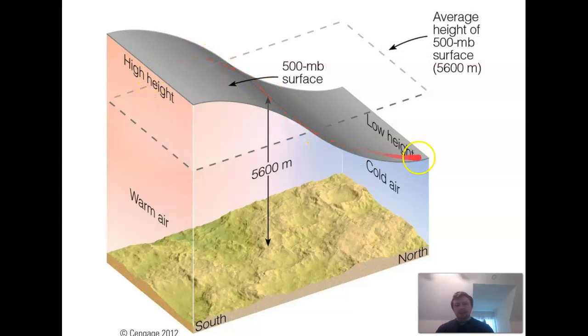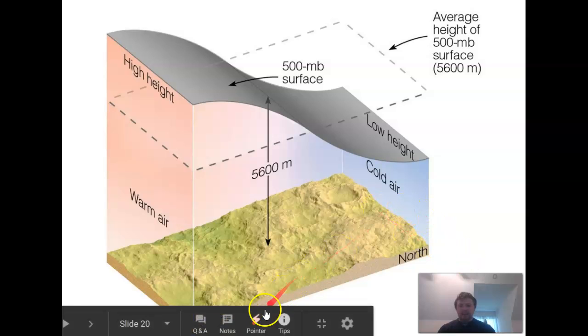So now we can look at the 500 millibar surface, and that gives us an idea for what's going on with our pressure at the bottom, and what kinds of winds we would expect in the upper atmosphere.